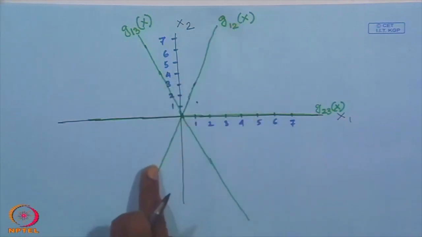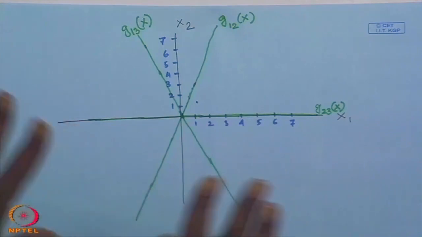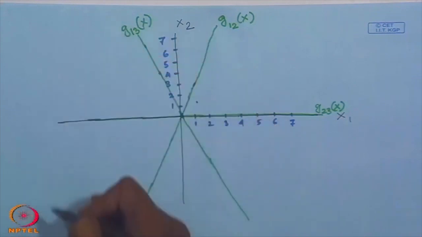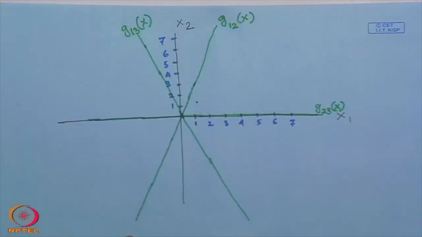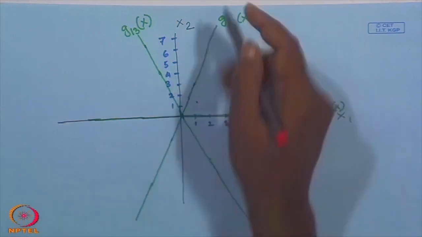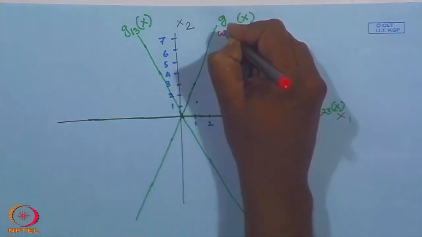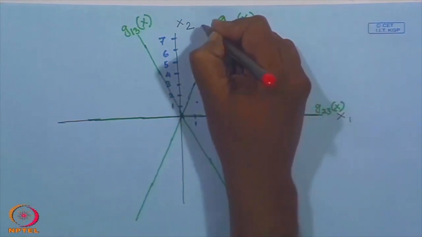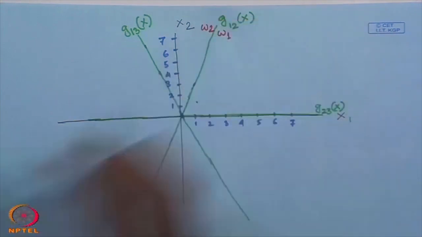So, as g 1 2 x divides this two dimensional space into two half spaces, this side of the space is positive and the other side is negative, which means that when I go for classification, this side of the decision boundary is omega 1 and this side is omega 2.